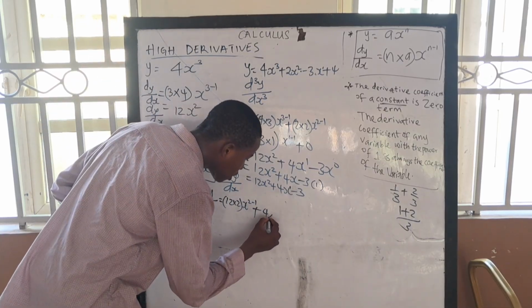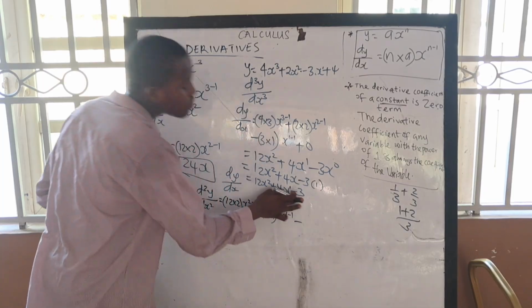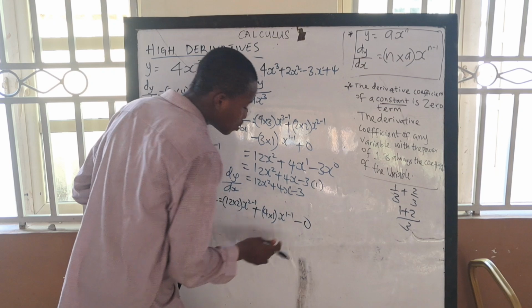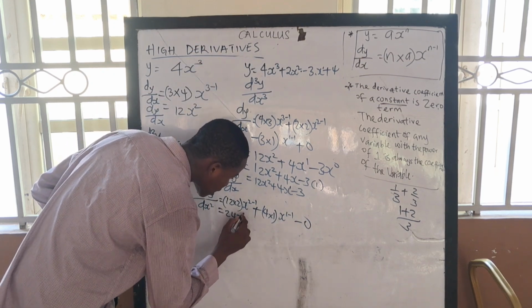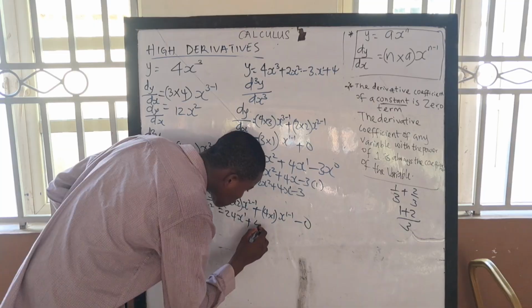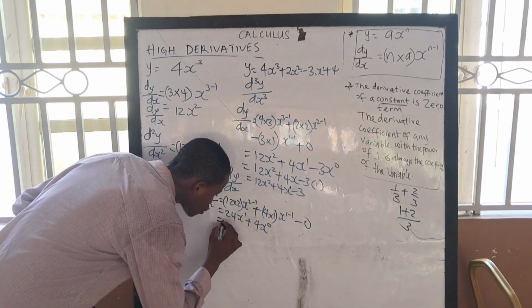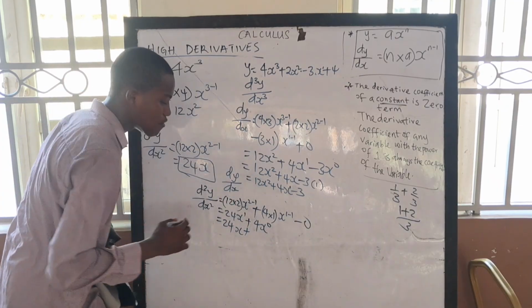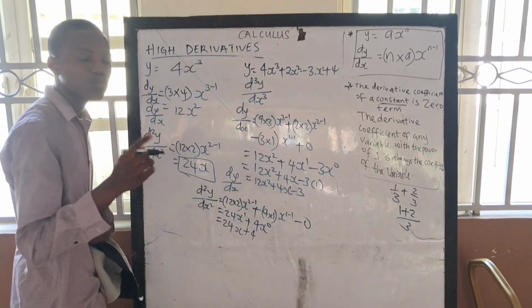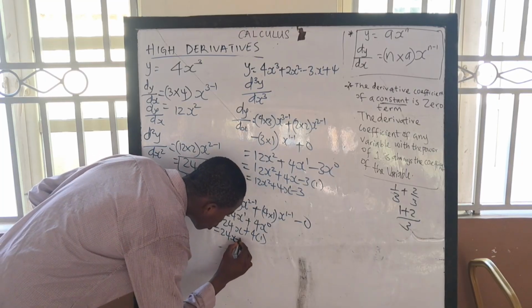So I'm having 4 times 1, x power 1 minus 1, minus, if you differentiate a constant term, that's what? 0. So I'm having 12 times 2 is what? 24. x power 2 minus 1, 1. Plus 4 times 1 is what? 4. x power 1 minus 1 is what? 0. Right? So I'm having 24, x power 1 is what? x, plus 4, x power 0 is what? 1. So I'm having 24x plus 4.